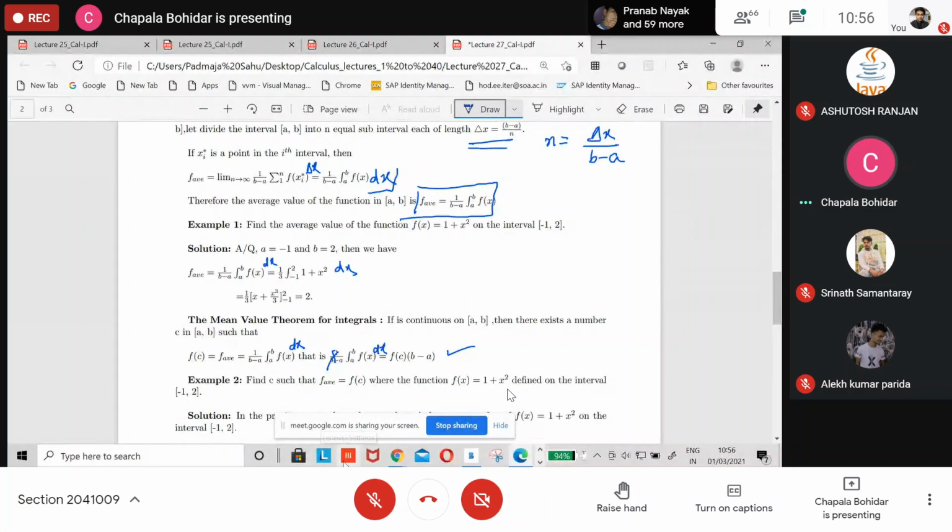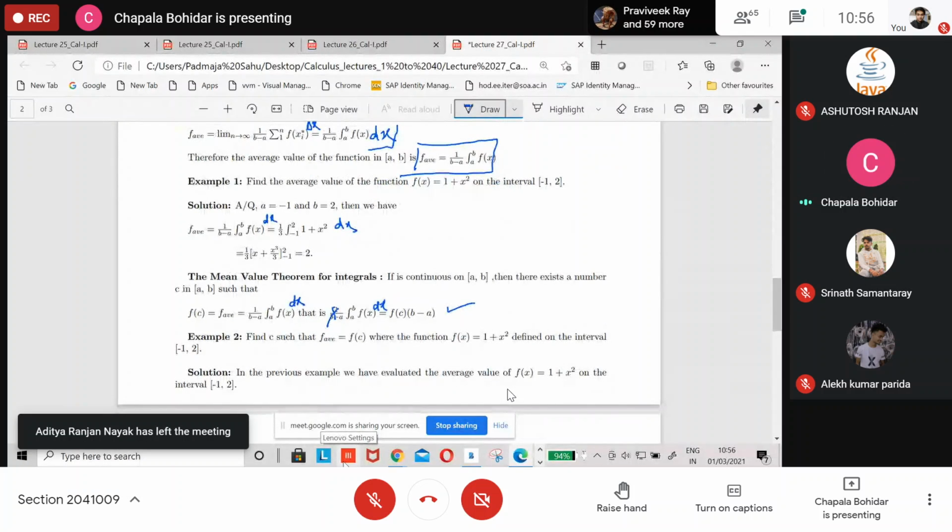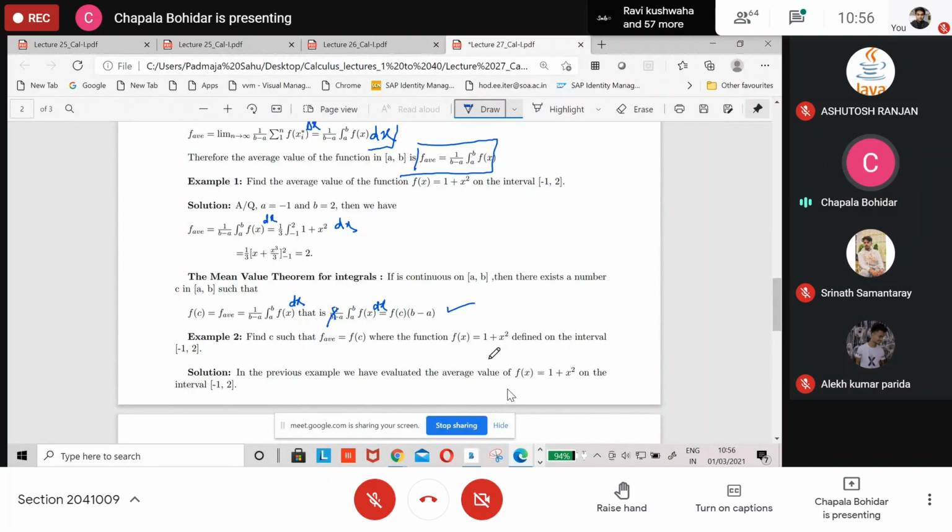So now, example 2. Find c such that f average is equal to f(c), where the function f(x) = 1 + x², the same question, on the interval -1 to 2. It is a polynomial, so it is continuous over that interval.